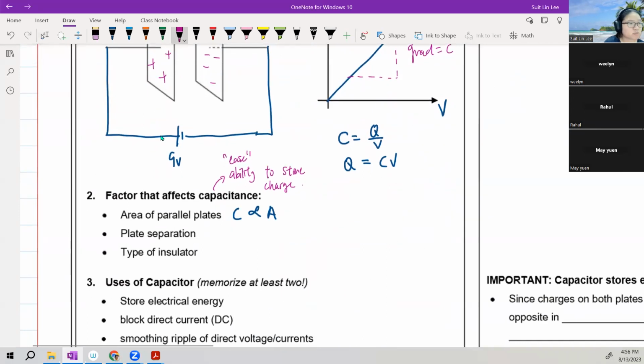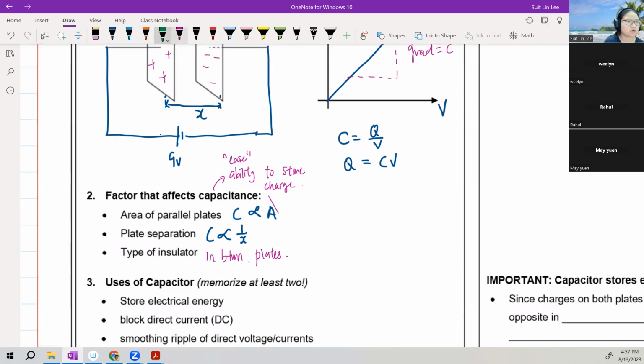Of course, it's inversely proportional to the plate separation. So let's say the separation here is X. The further away the plate is, the harder it is for you to induce charges to create an electric field in between. Okay, and then finally, the type of insulator in between the plates.